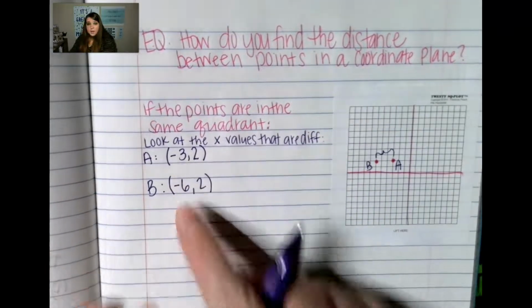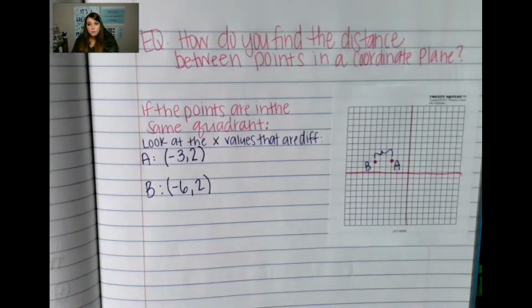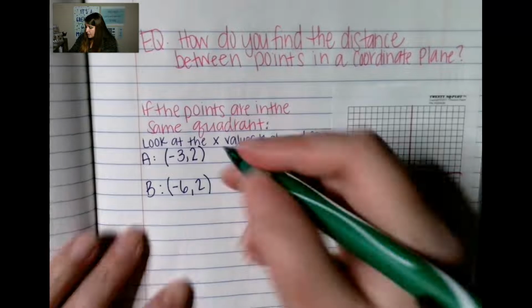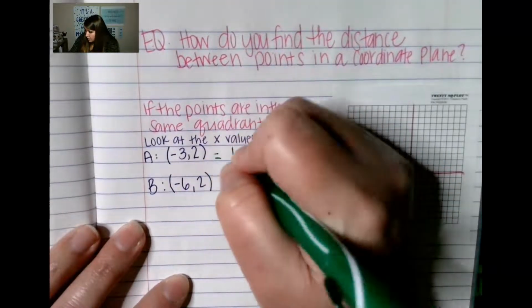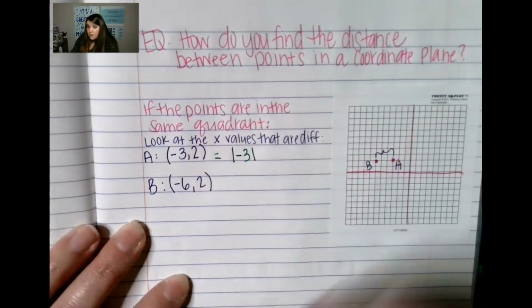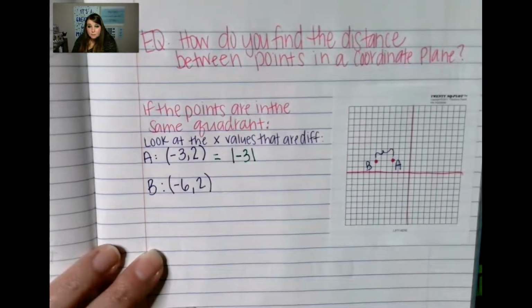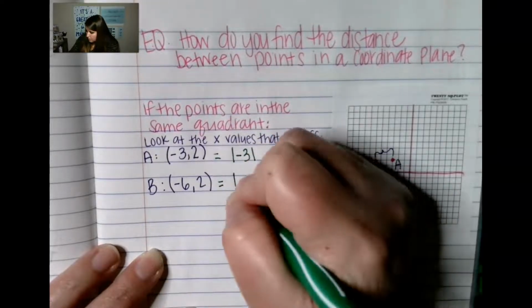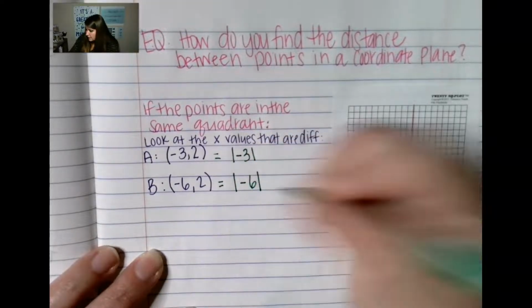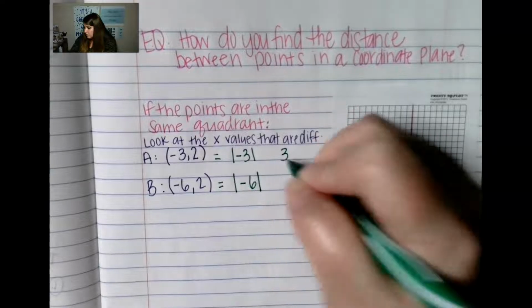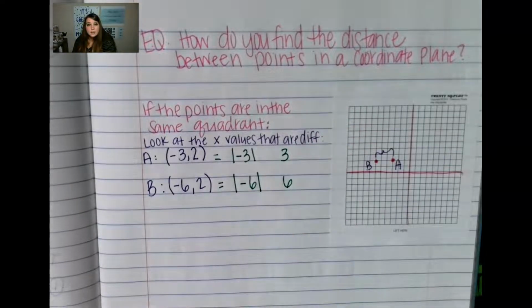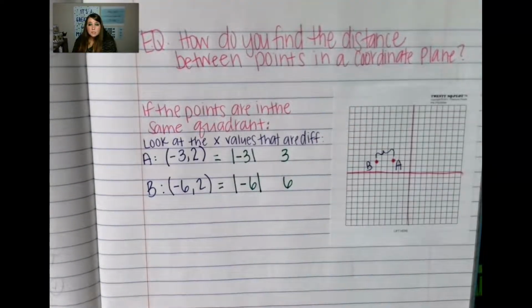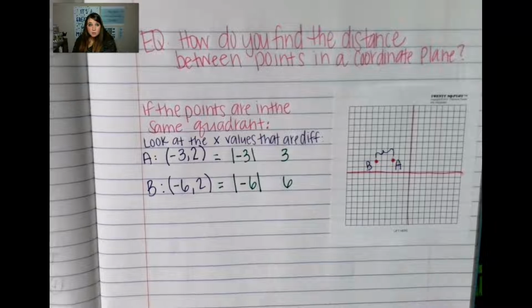Okay, so we have two x values. And what we would do with that is we're going to take this -3 and find the absolute value of -3. We would then find the absolute value of -6. Well, we know this one is 3 and this one is 6. You're then going to just subtract the smaller from the bigger.